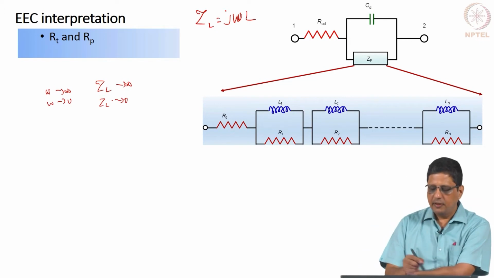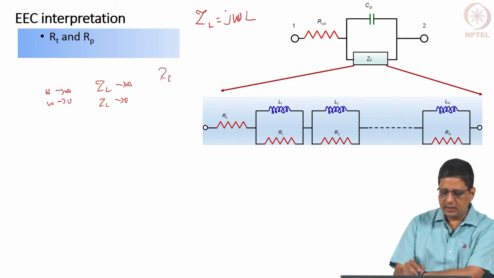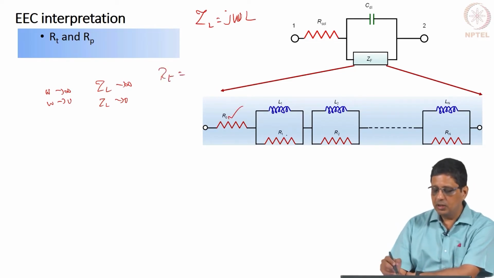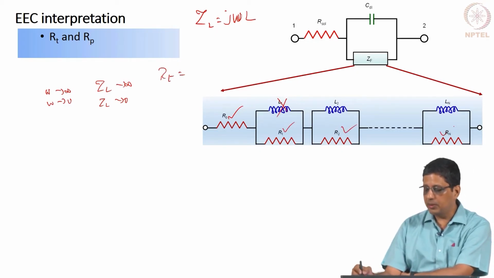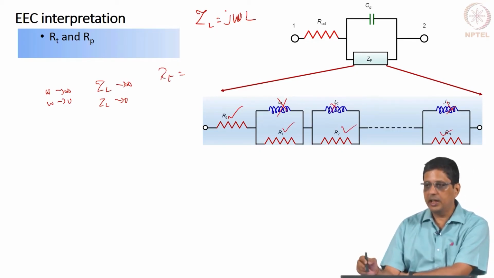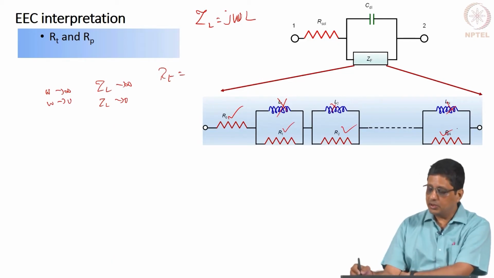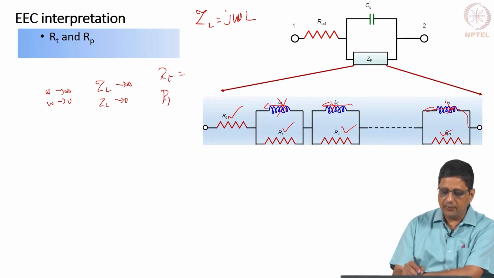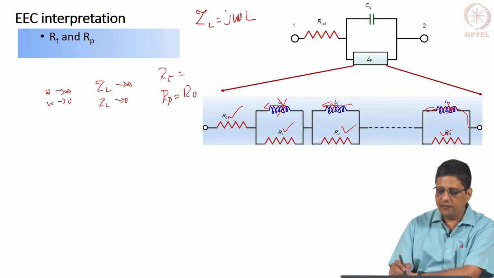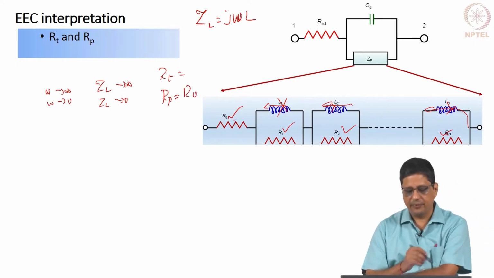That means, when we go to very high frequency, charge transfer resistance is going to be R0 plus R1 plus R2 until Rn, because at high frequency this is an open circuit. At the 0 limit, nothing is going to go through this, it is going to short circuit through this and through this. It is going to see only the first resistance that is present there.